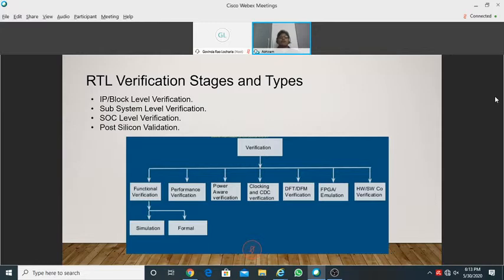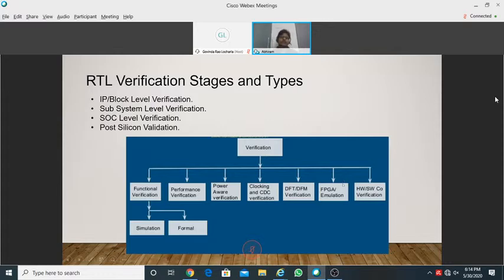They are called emulators, or you can think of the emulator itself as a complex system. Using emulators, we speed up the verification. I'll be discussing that at later stages.